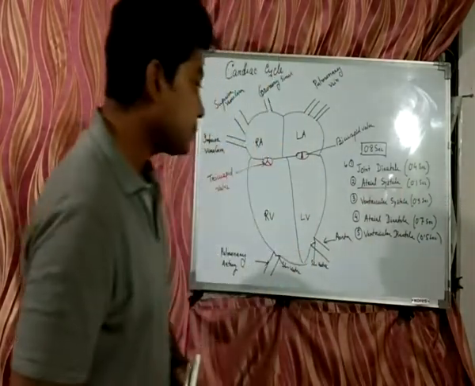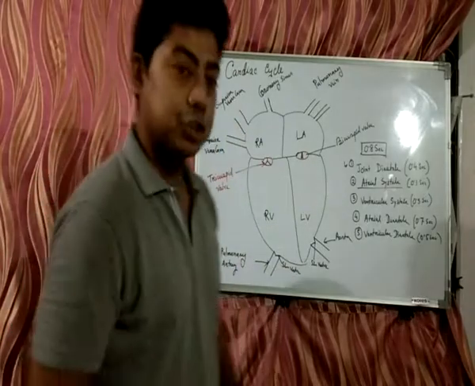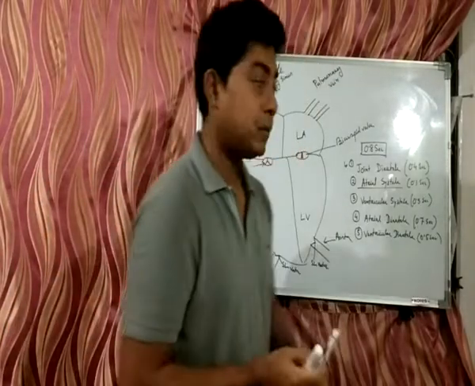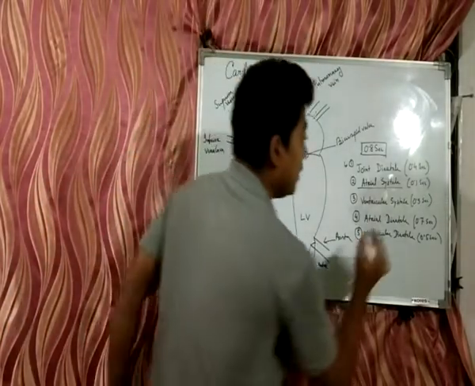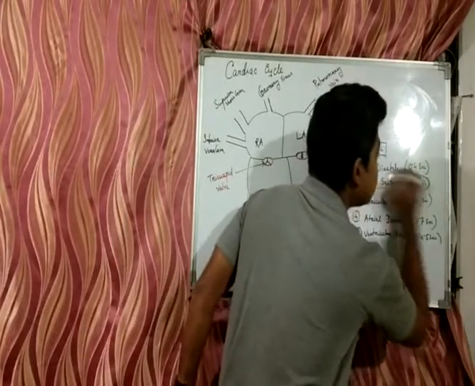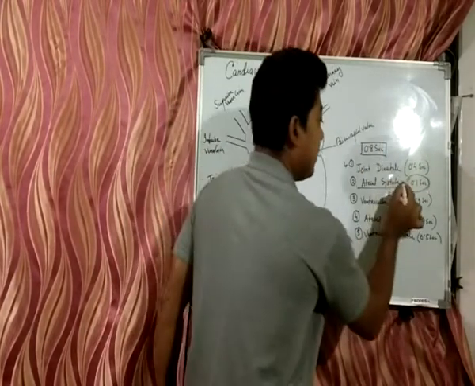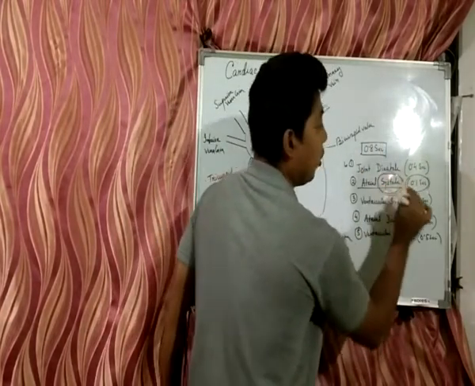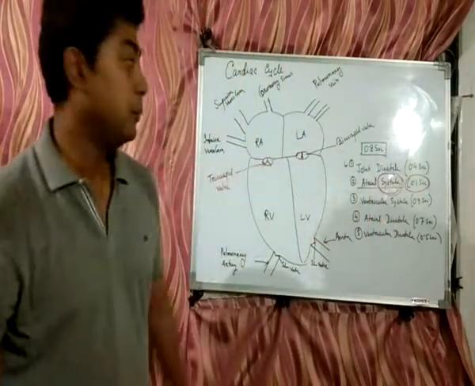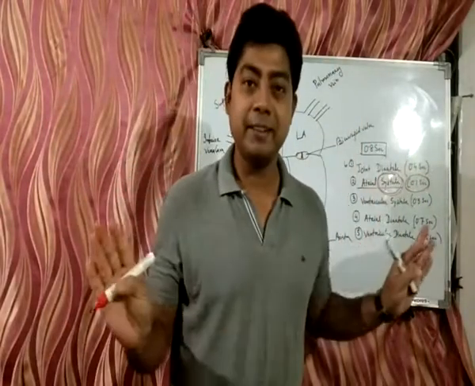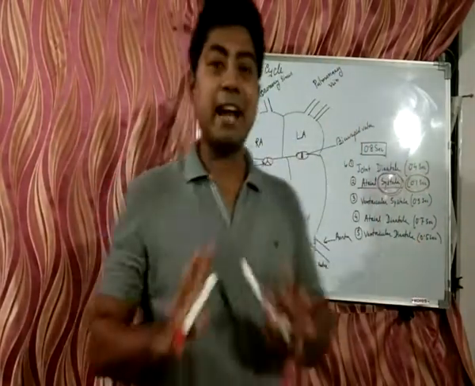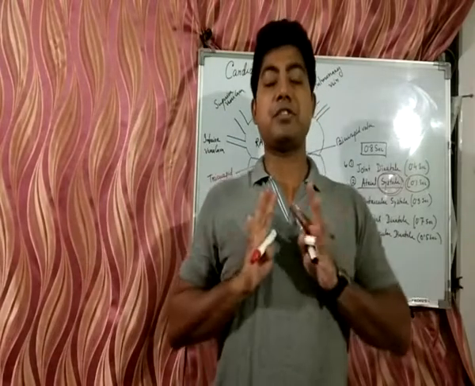You see, this atrial part only works for 0.1 second. It contracts only for 0.1 second, because for 0.4 second all chambers are relaxed, no contraction.